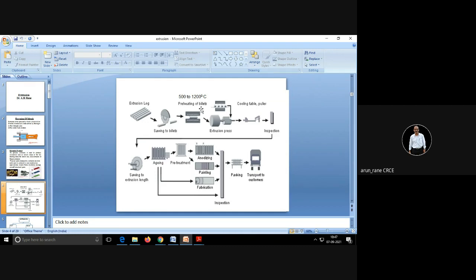Then these billets are preheated so that they can be extruded easily and low pressures are required. This is followed by extrusion in an extrusion press, and you get the desired product. This is how the process is.